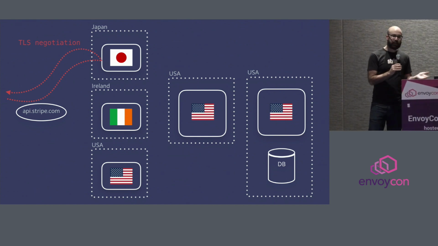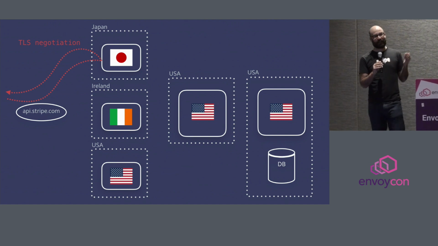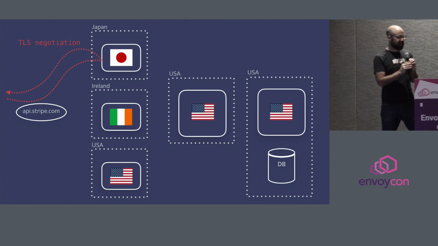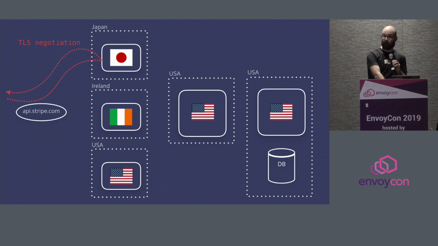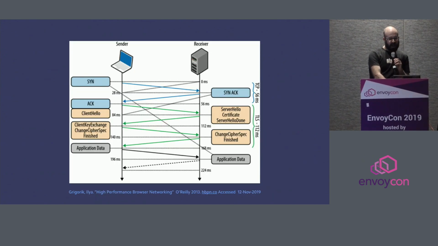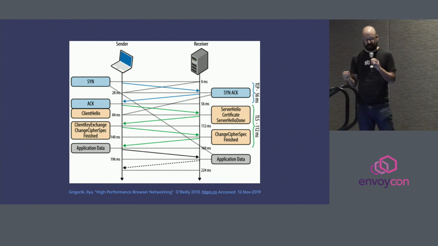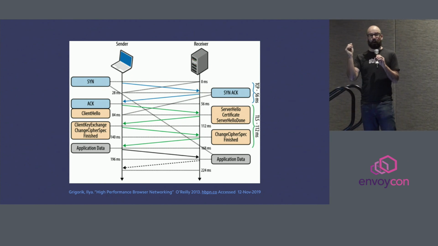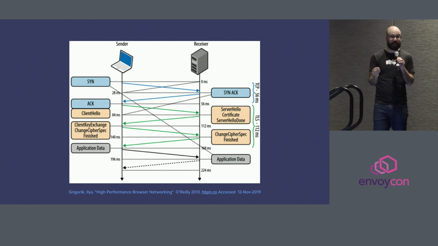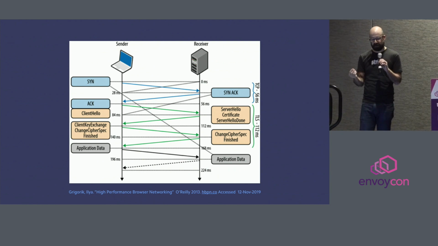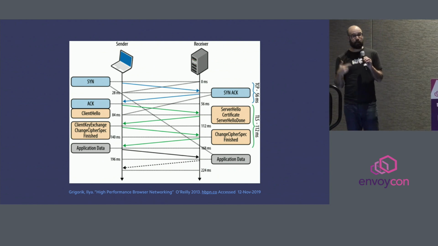So any good API is going to require that you establish a secure TLS connection before doing anything else. And if we remember real quick, back to maybe our computer networking classes we took in school, we know that just to set up that TLS connection, before we can do anything else, we have to do a bunch of round trips.